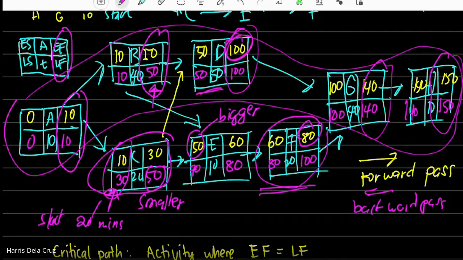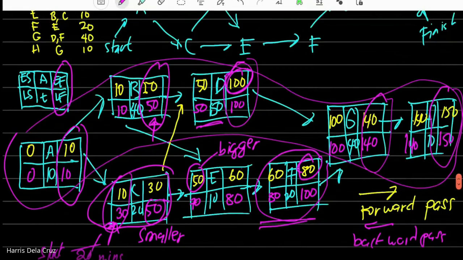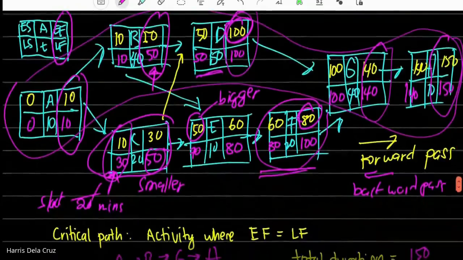Pwede rin naman na yung mga idle mo, since may slack ka, ilipat mo sila. Kasi may slack ka. So, those are the possible scenario that you can do na naging possible because of the critical path or PERT method. Again, that's from the critical path problem for project management.